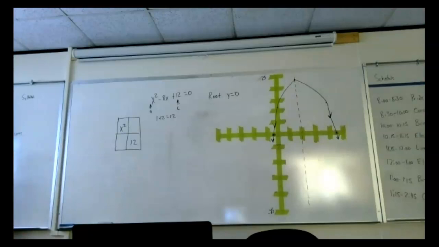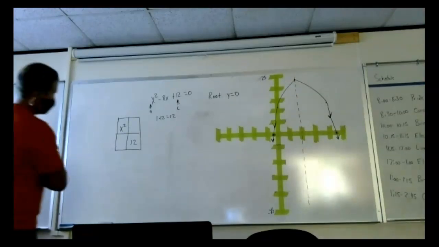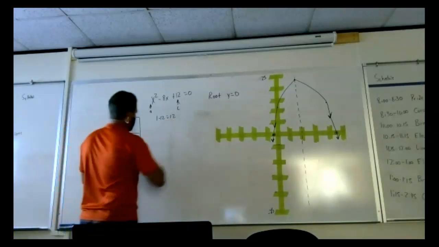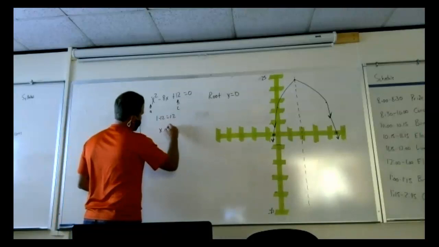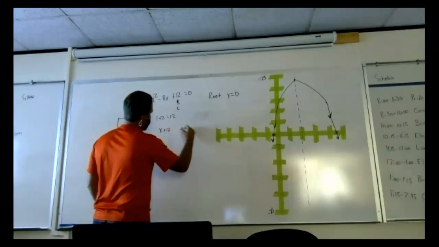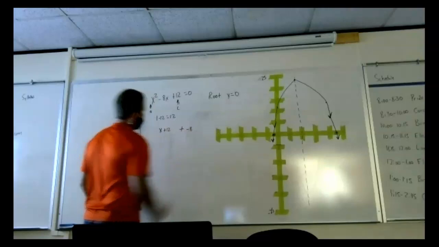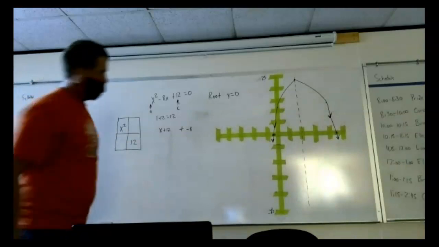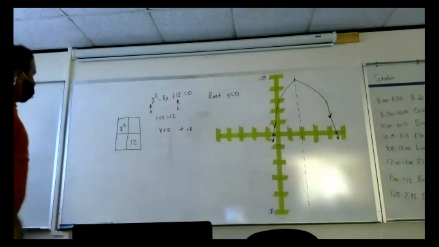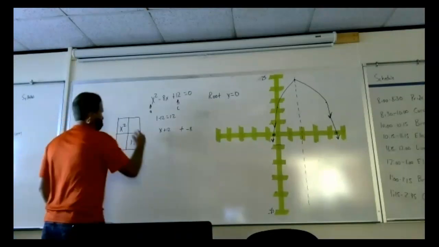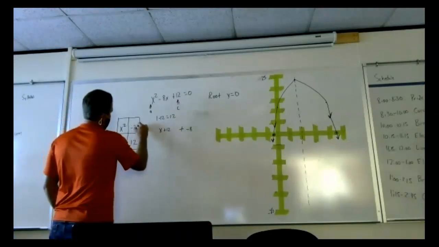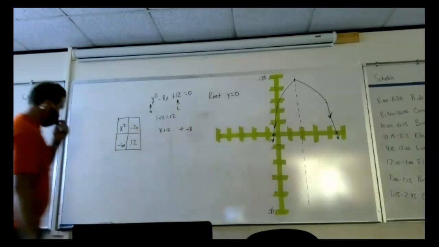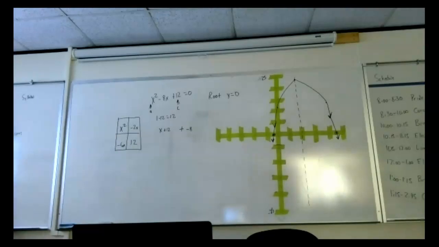So what I want to ask myself is to find 2 integers, that can be negative, that are going to multiply to equal a positive 12, but are going to add to equal a negative 8. I'm trying to think of integers that fit that, and the two that jump into my head are a negative 2x and a negative 6x. Okay, and I'm going to fill out my box.